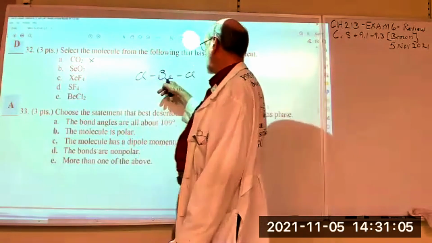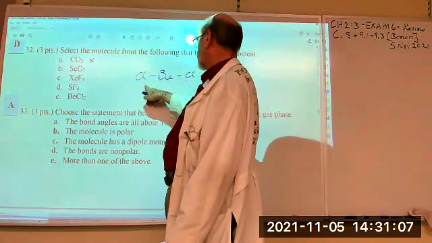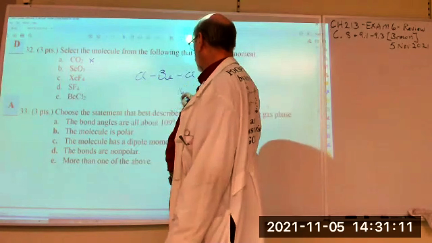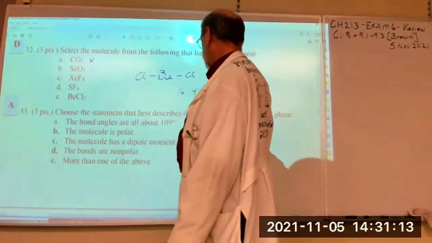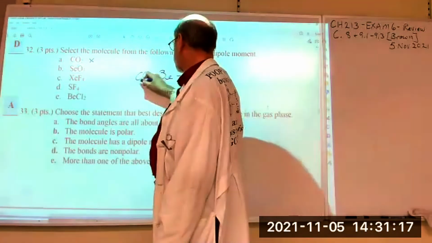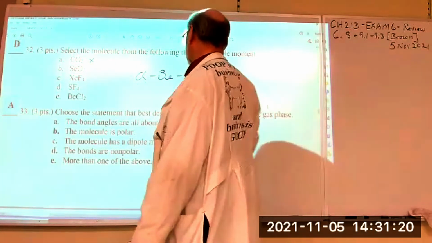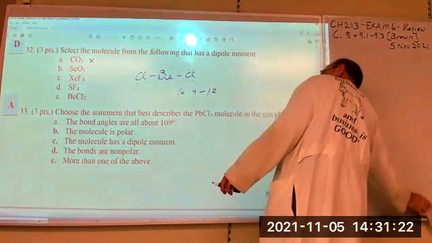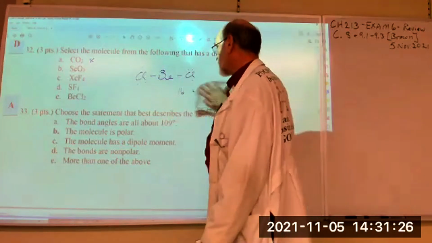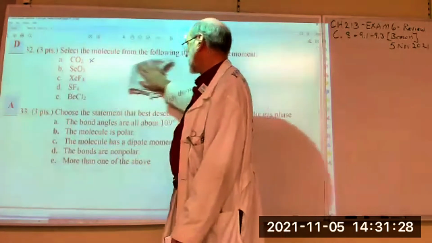Beryllium's 2, and each one of these is 7. So it's 14, 16 electrons. 2, 4 is 12. 6, 12. Okay, that's a linear molecule with less than an octet, but it still has no dipole moment because it's linear.